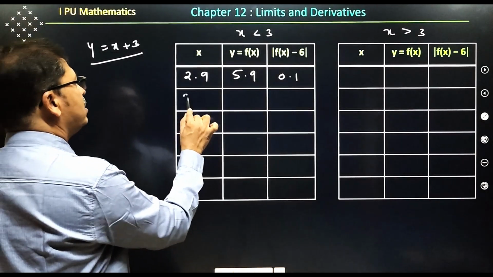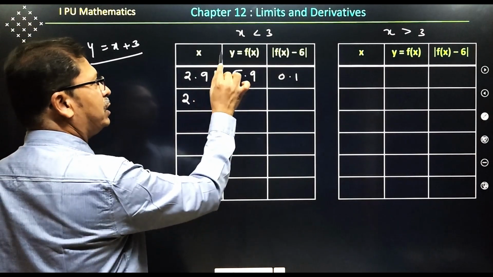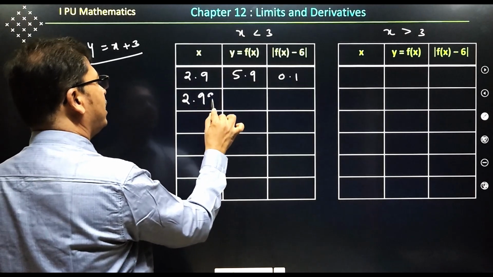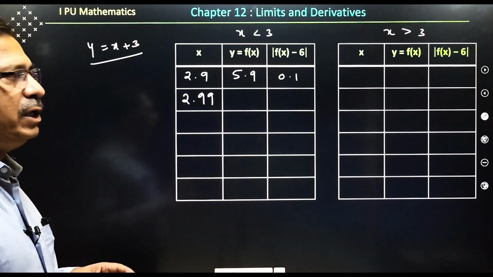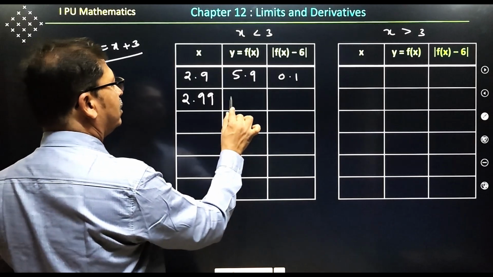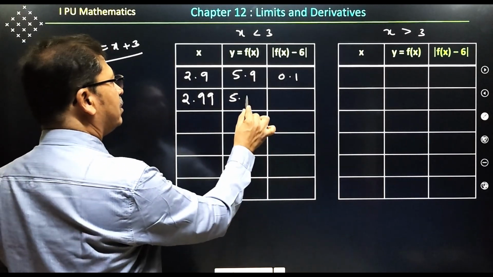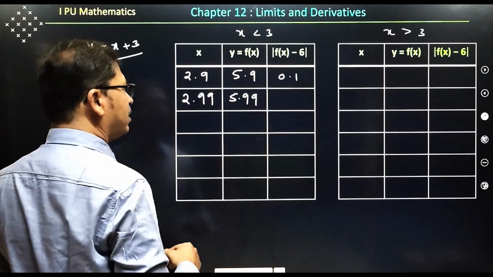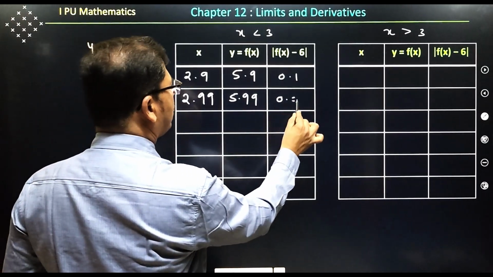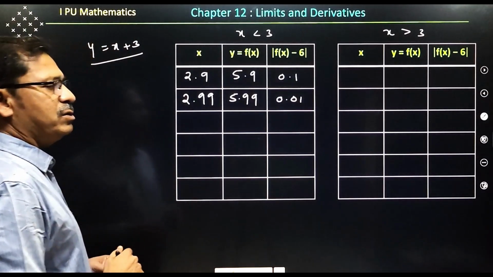Next, still nearer to 3, less than 3 but very near. 2.99, if you take this, y becomes 5.99. So the difference will be 0.01. Do you agree with this?